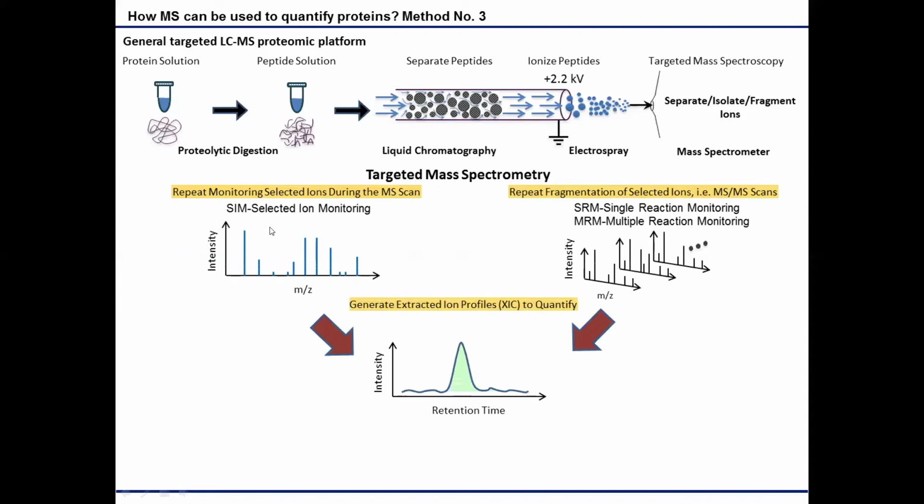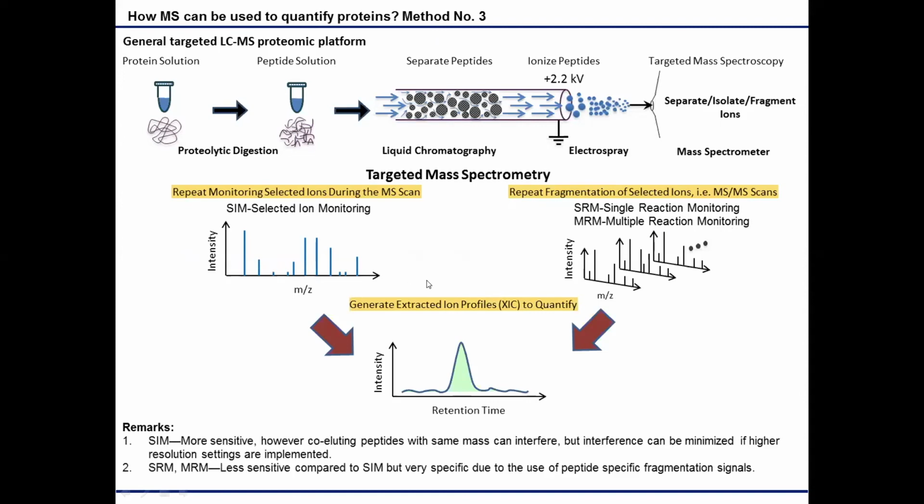In the single ion monitoring approach, abbreviated as SIM, you can generate an extracted ion profile. Again, doing repeated fragmentation of those ions, you can utilize one fragment ion or multiple fragment ions to do a single reaction monitoring or multiple reaction monitoring experiment, again to generate an extracted ion profile of a particular solution.